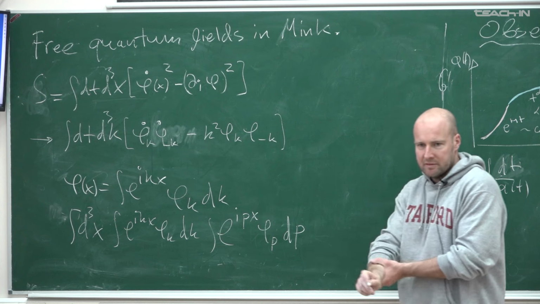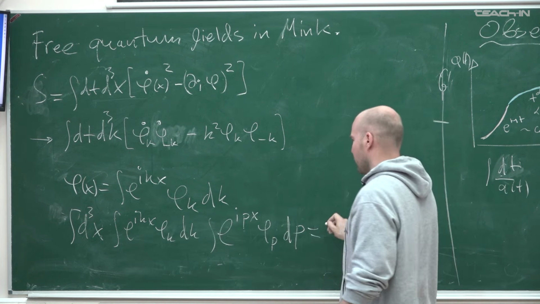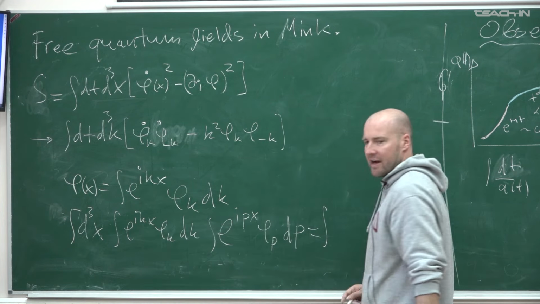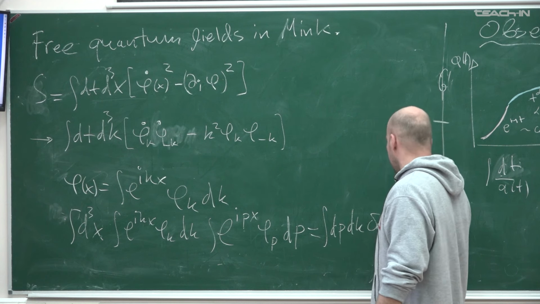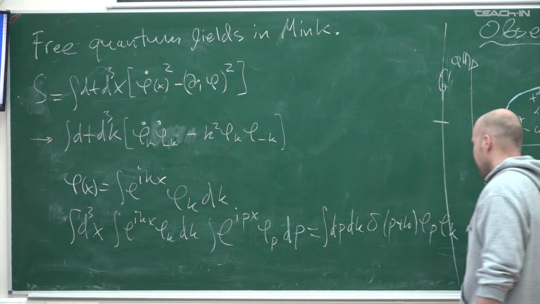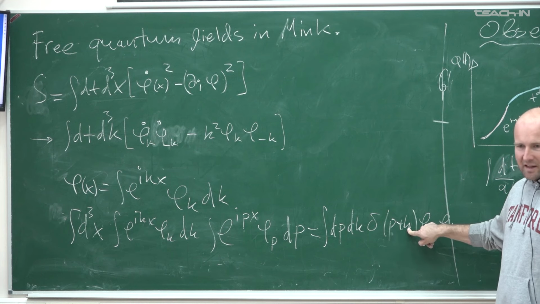So now let's take integral dx. That integral dx will give us a delta function of p plus k. So now we have integral dp dk delta of p plus k phi p phi k, right? So now this sets p to minus k, correct?